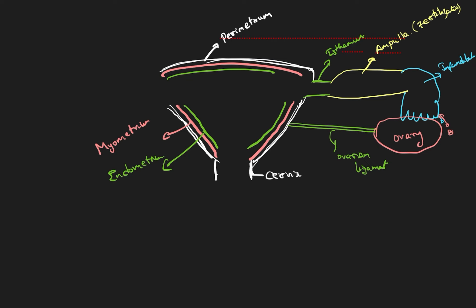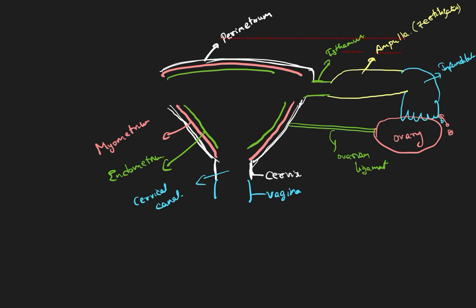And then the outer portion is known as the vagina, where intercourse takes place. This canal is known as the cervical canal. So these are the different parts.